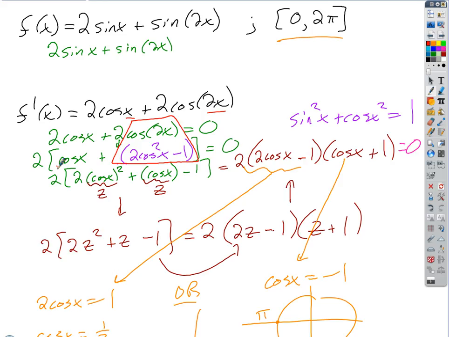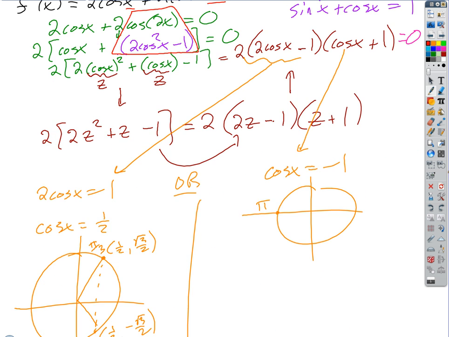It factors into 2 cosine x minus 1 times cosine x plus 1. And if I FOIL those out, it works: 2 cosine x times cosine x is 2 cosine squared x, plus 2 cosine x minus 1 cosine x is plus cosine x, minus 1. It works. And then like we always would do, once we factor an equation, we set the factors equal to 0 and solve. Those are our solutions.